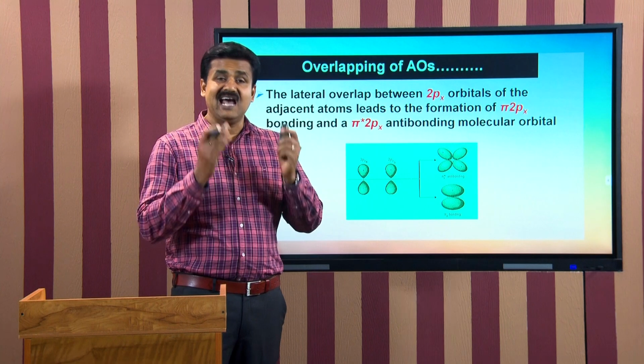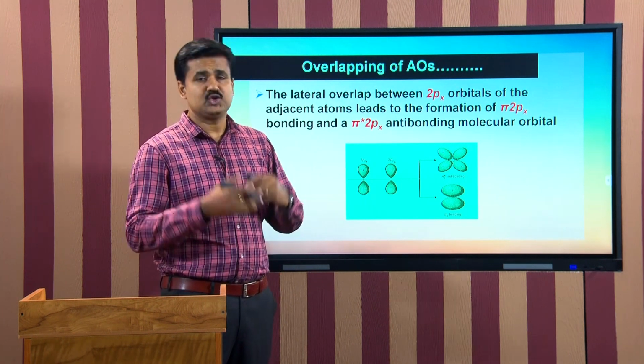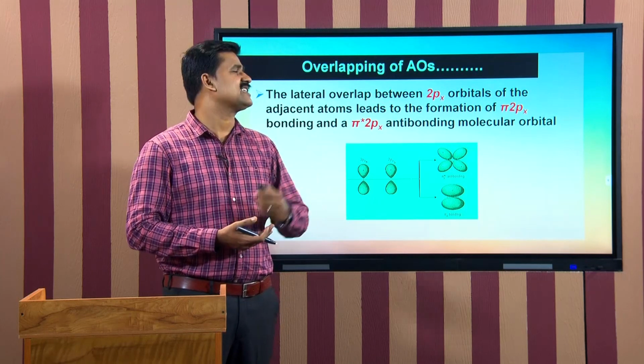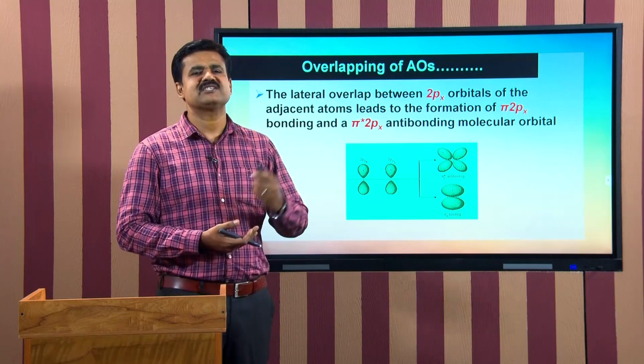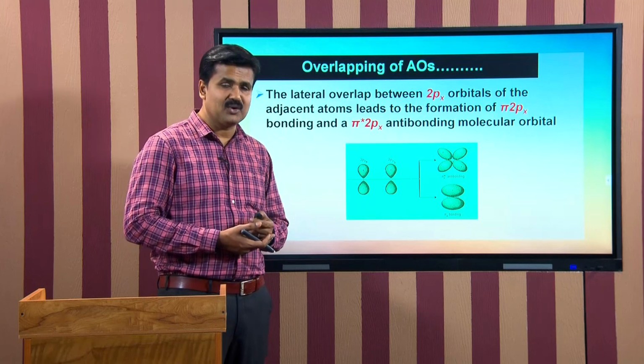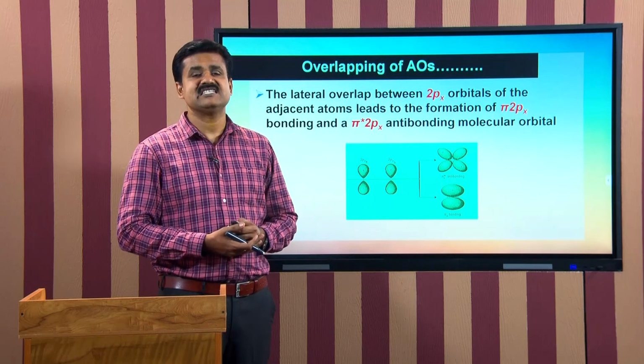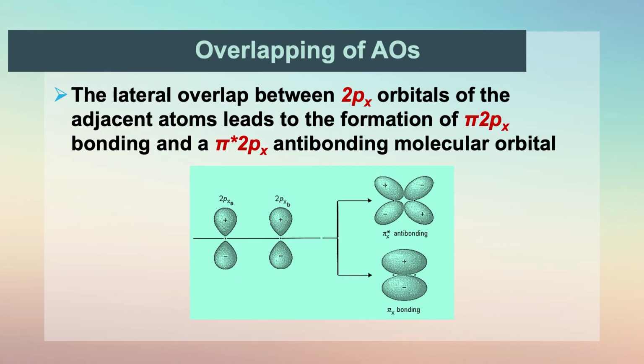Now, lateral overlap between 2px orbitals of adjacent atoms leads to the formation of pi 2px, which is BMO, and pi star 2px, which is anti-bonding MO. This is the pictorial representation of the overlapping between 2px orbitals, which is lateral or sidewise overlap, to form pi 2px, the bonding molecular orbital, and pi star 2px, the anti-bonding molecular orbital.